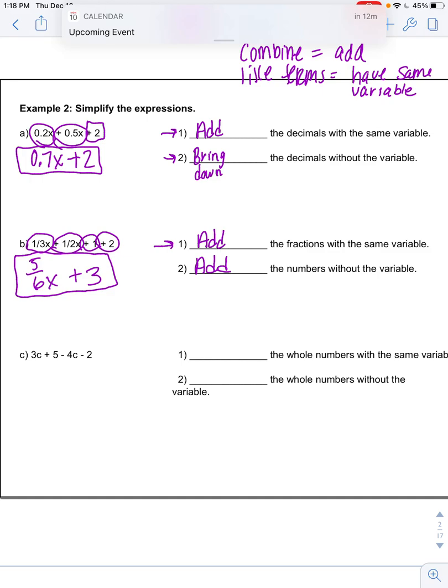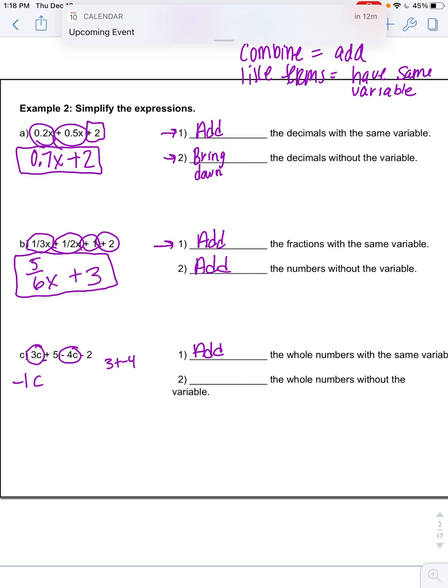Could do the same thing with all whole numbers. So we need to see we have 3c and -4c. So we're going to add the whole numbers with the same variable. So 3 plus -4 gives you -1c.